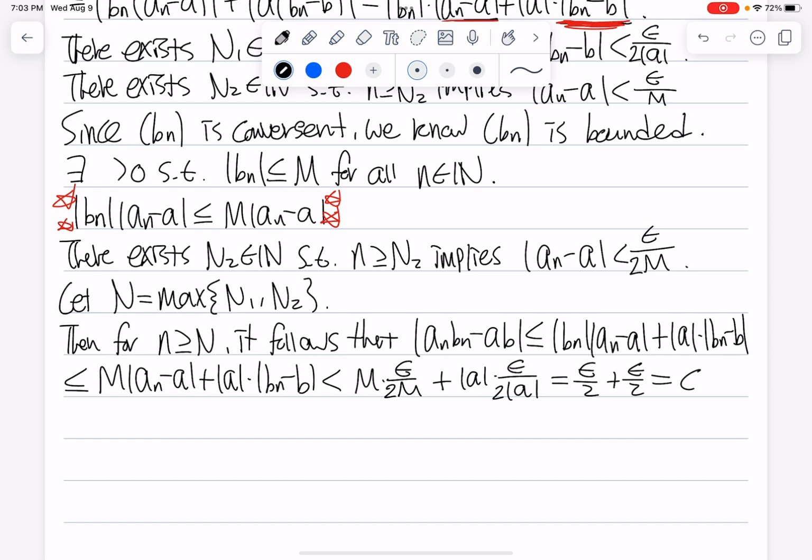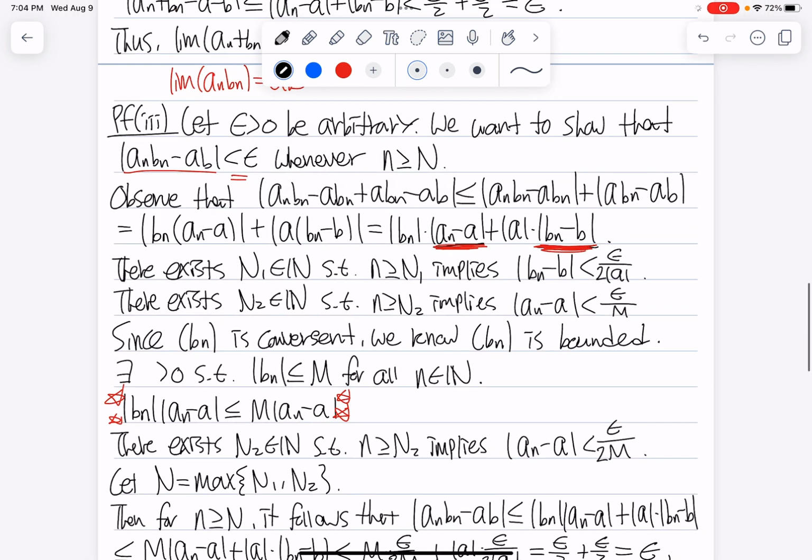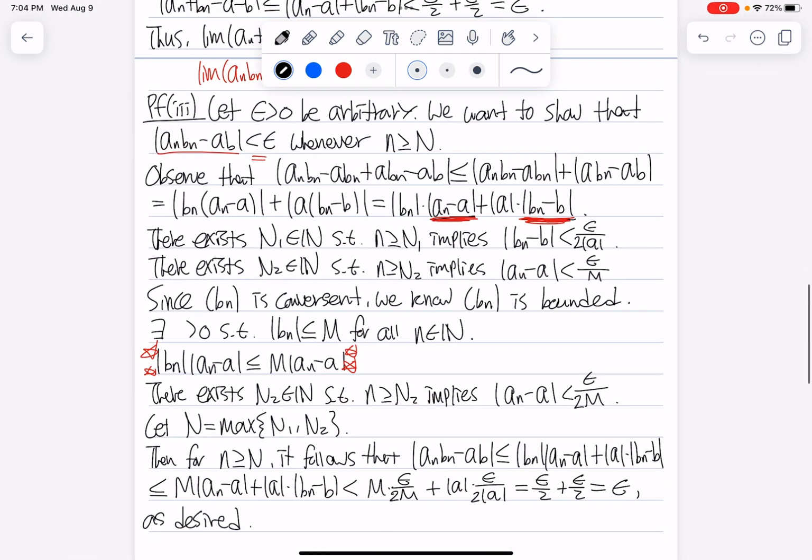All right, so this was quite a long proof, but to summarize it, we are basically first having this inequality. We want to make it something less than epsilon. So adding and subtracting a bn here yielded us to use the triangle inequality to get something like this.